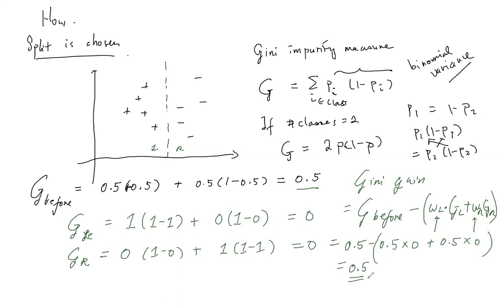right? This is a large gain, yeah? You see that before, your Gini impurity is 0.5. After you make this split, your impurity is 0. So you have a gain of 0.5, right? Which is basically everything. Before you have already lost all the impurities that you have at the beginning with this split. Okay? So in this case, you have the Gini gain of 0.5.